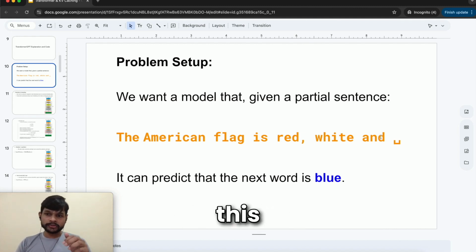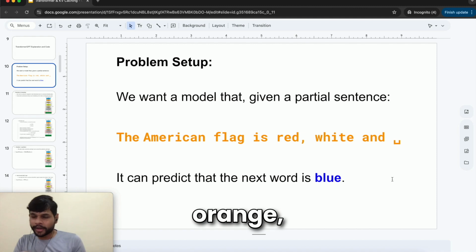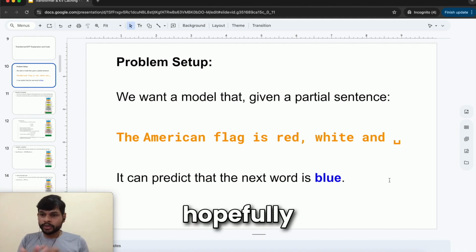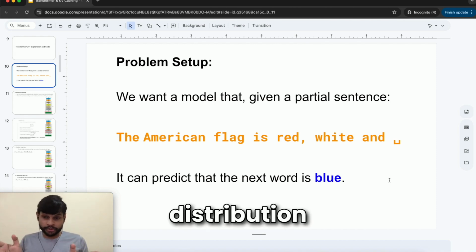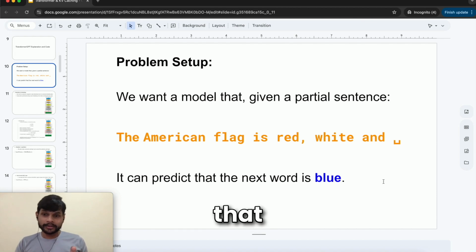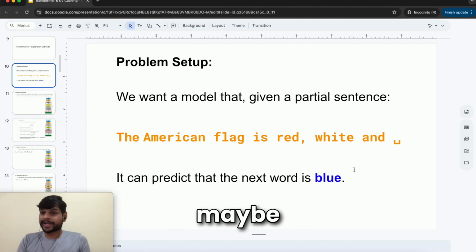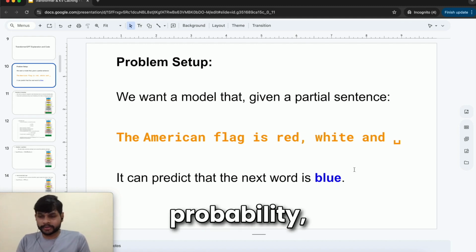But through this transformer and attention mechanism, our aim is to narrow it down to maybe 2 or 3 words. Maybe blue, maybe yellow, maybe orange, right? So hopefully we want that probability distribution in such a way that blue gets maybe 90% probability, and maybe orange gets 1% probability, something like that.